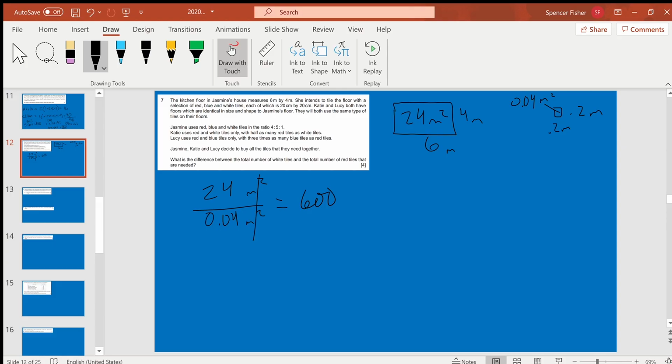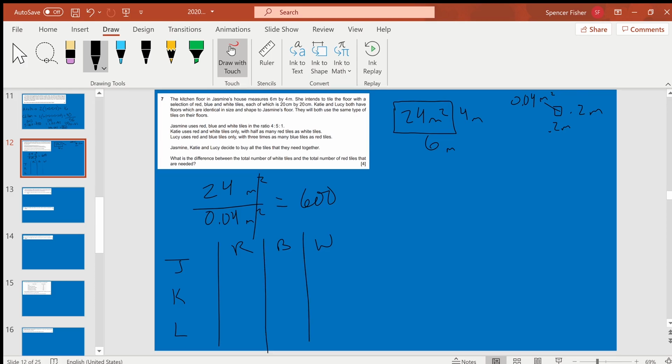Okay. Now there's 3 of them, and they have different requirements. So we have Jasmine, Katie, and Lucy, and they have red, blue, and white tiles. So we could deal with the ratios first.